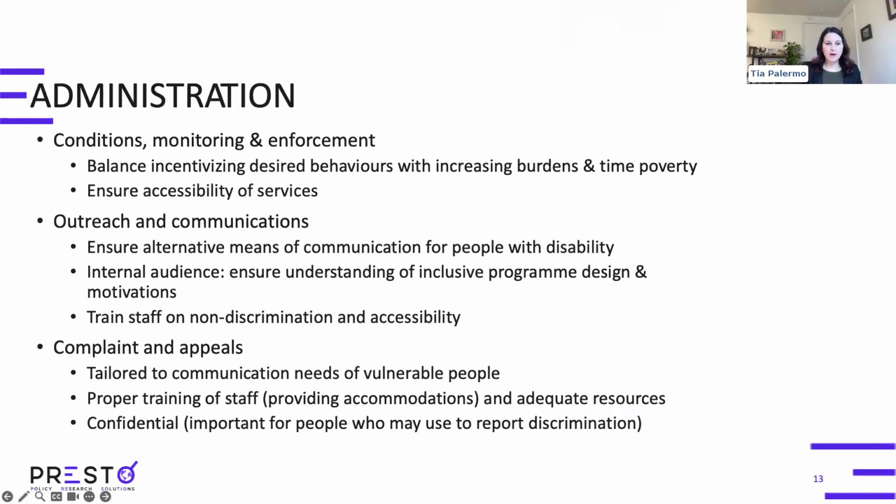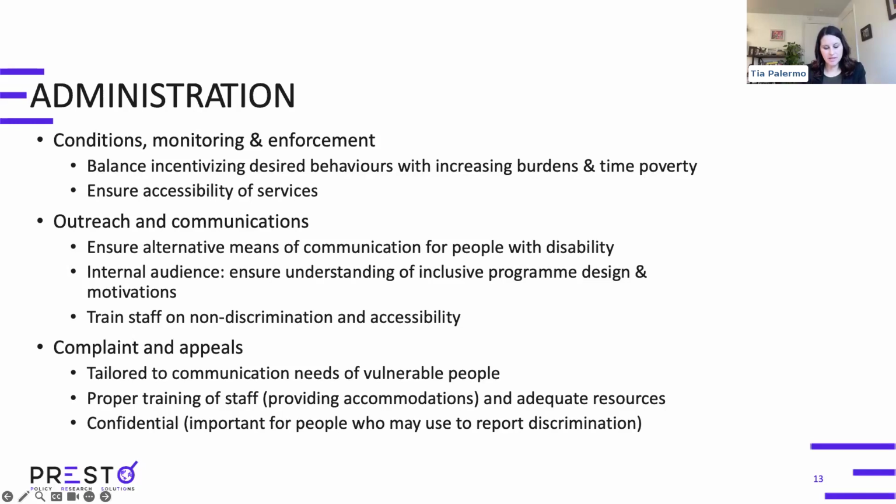Conditions can also be problematic. So, for example, there may be barriers for women, girls, or people with disability to fulfilling conditions. If health and education services are inaccessible for people with disability, complying with conditions is difficult. Conditions, including public work requirements, information sessions, and taking children to health checkups, often fall to women, reinforcing gender stereotypes of women as caregivers and increasing the unpaid care burden and time poverty of women and girls, and this can counteract program objectives related to women's empowerment.